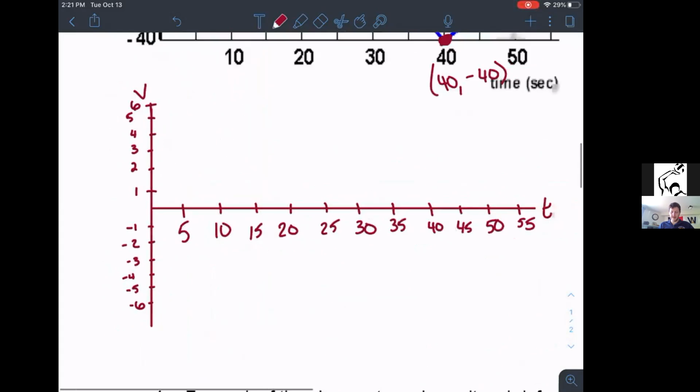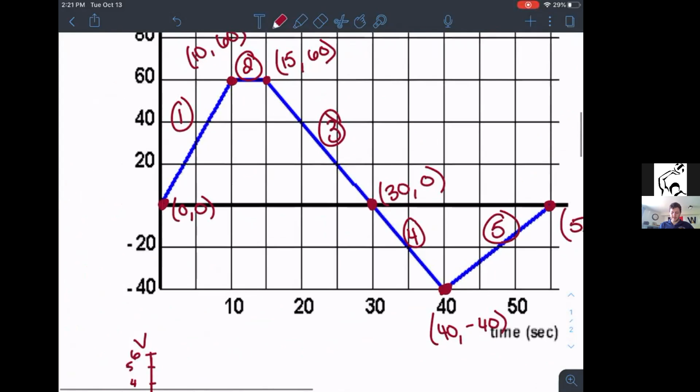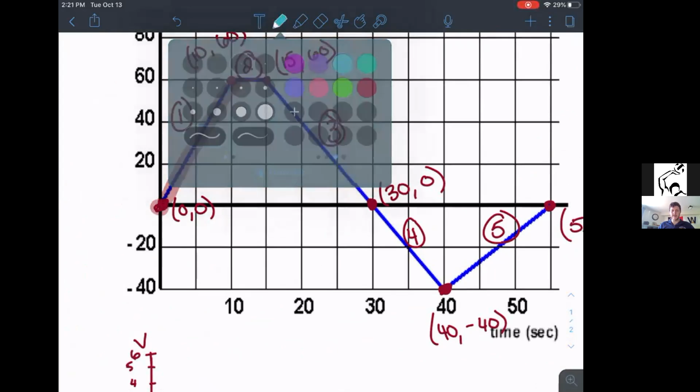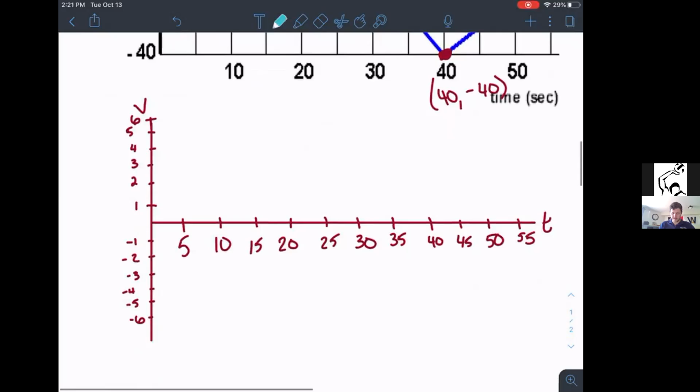So we need to remember that our first line segment goes from 0 seconds to 10 seconds. So if we go from 0 to 10, we should go from 0 to 10 on our time interval again, and we're going to look at that velocity, and that velocity is 6 meters per second.